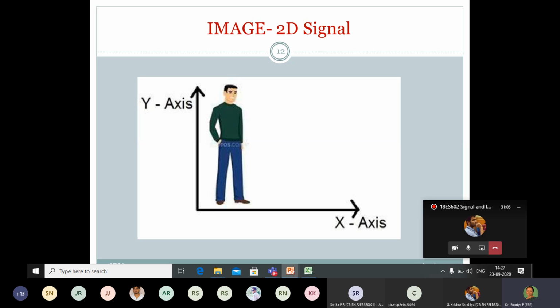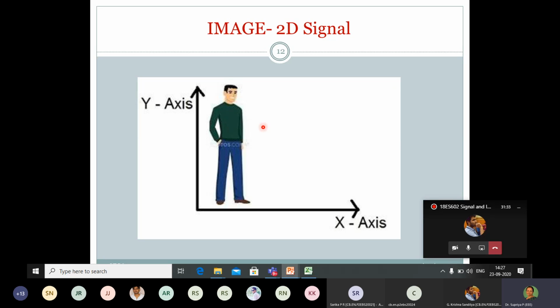A video is not the scope of our subject, so we may not be discussing a video other than considering a simple practical case to see how a video could be analyzed as an image on a frame-to-frame basis. So hence, an image is a 2D signal having a width, or you could call it depth, and a height which represents the y-axis, thereby giving a value.